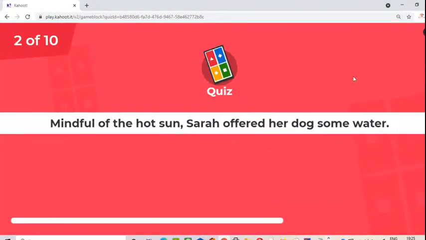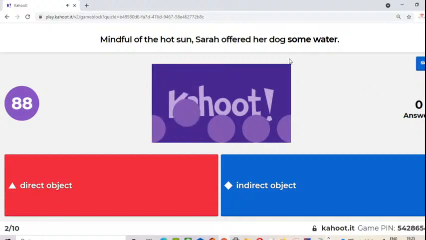The next question is, mindful of the hot sun, Sarah offered her dog some water. Here, some water is highlighted. So you have to find out whether it's a direct object or an indirect object. So I haven't got any answers yet.